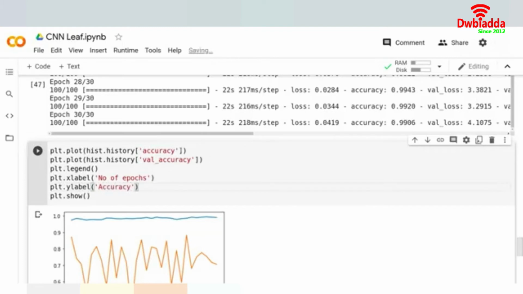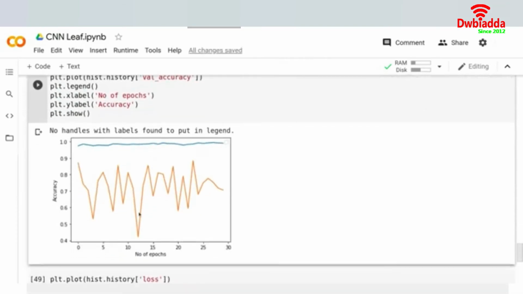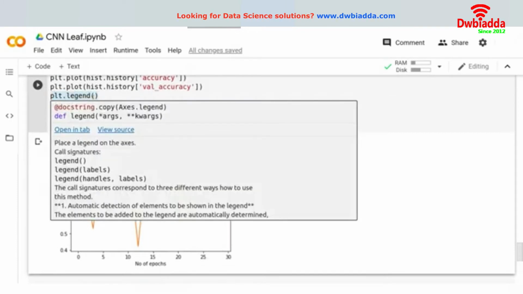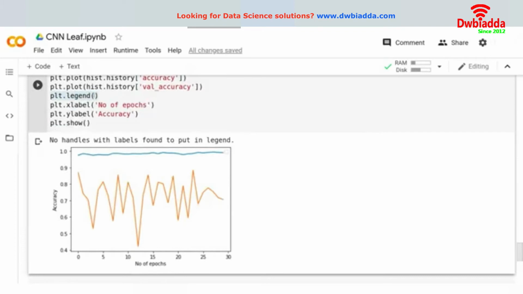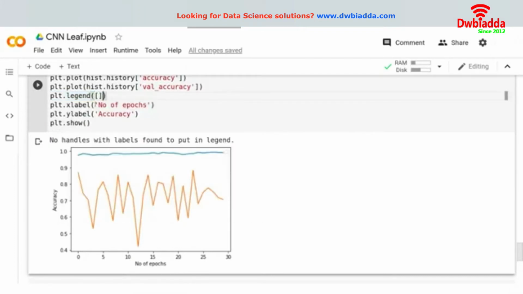So if I were to tell you how it's actually performing, you will see that plt.legend is not appearing over here. I don't know, it should have actually appeared over here. And okay, in plt.legend you actually have to pass what legend you are looking for.